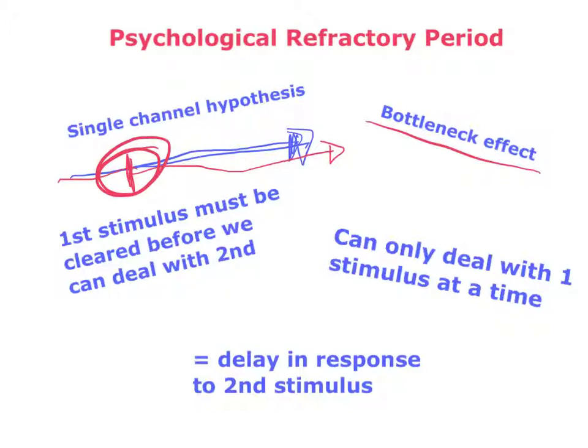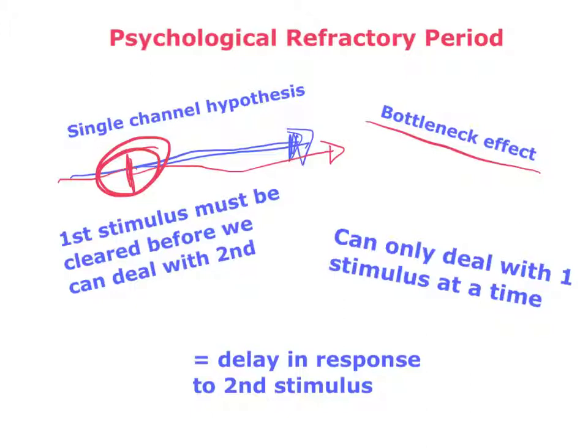So the first stimulus that we have, as we discussed on the previous graph, must be cleared before we can deal with the second one. So this is advantageous for attacking players who can throw fakes and dummies.